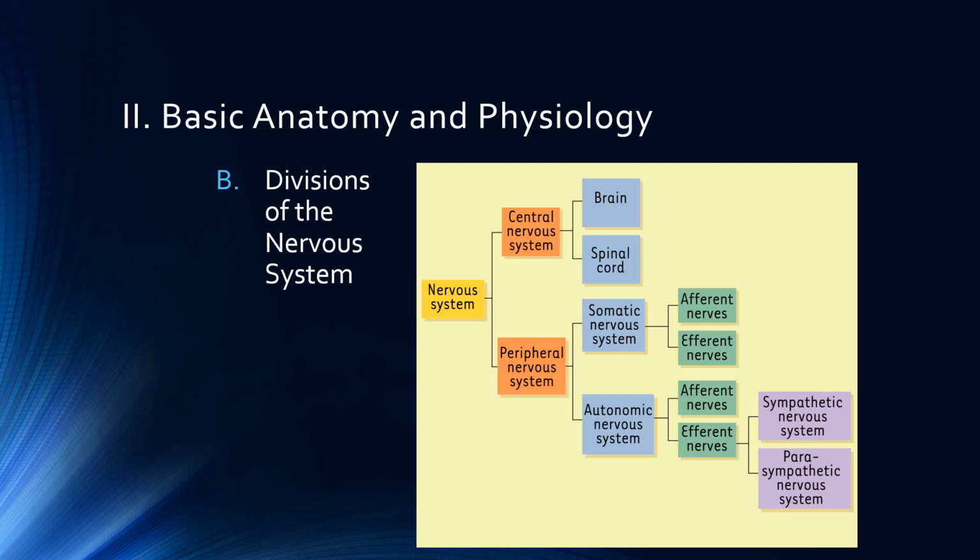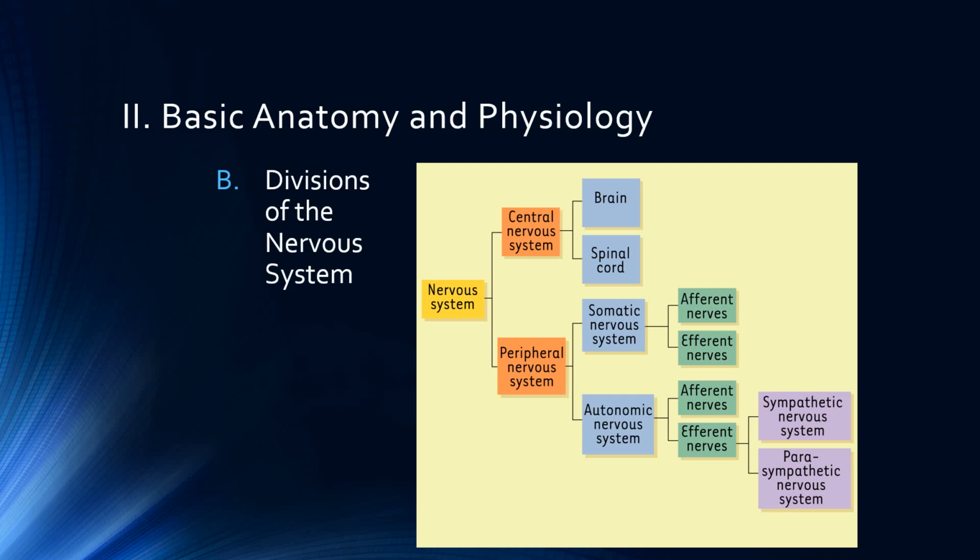The autonomic nervous system is concerned with regulating the body's internal environment. So heart rate, respiration, blood pressure, skin conductance, pupils, all of that are guided by the autonomic nervous system. The autonomic nervous system includes two different components, the sympathetic nervous system and the parasympathetic nervous system. The sympathetic nervous system is our body's arousal system.